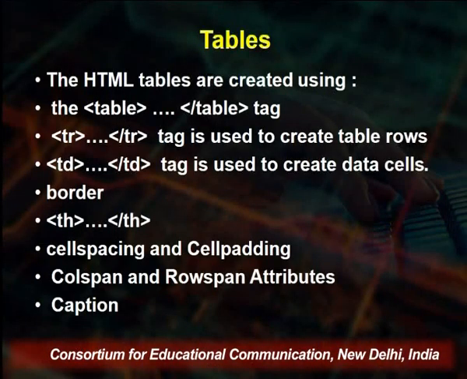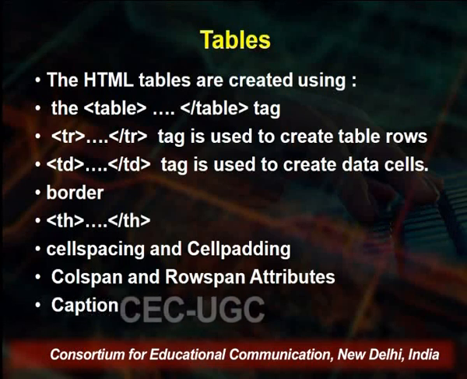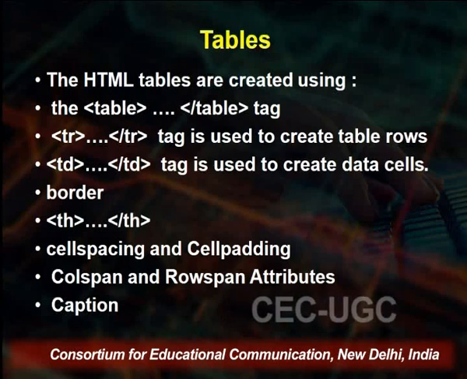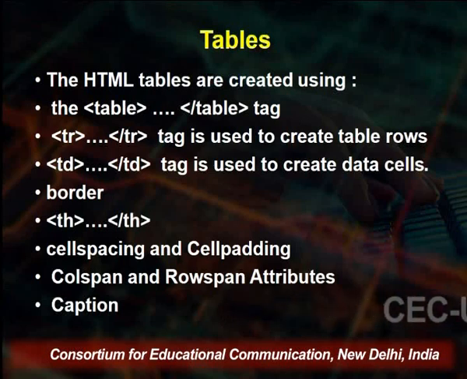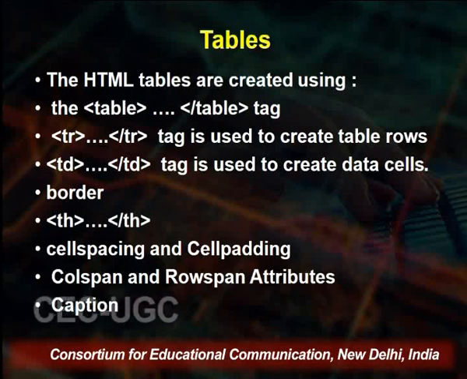Again, this you specify with the TD tag. So you will write TD col span is equal to 2. So that particular cell will span 2 columns. If you write TD row span is equal to 2, then that particular cell will span 2 rows. So actually you are merging row wise or column wise.